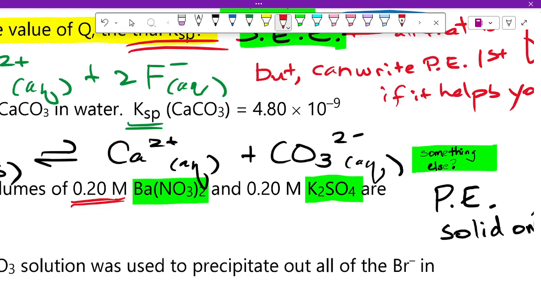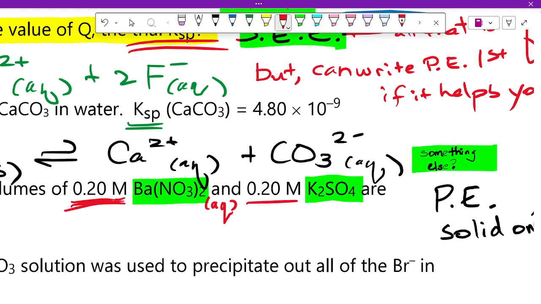You're given a molarity for the barium nitrate. What does that tell you about it? That tells you that it is aqueous. When you have a concentration, it is aqueous. It is not solid. So is barium nitrate your solid? Barium nitrate is aqueous. Is it solid? No. Okay.